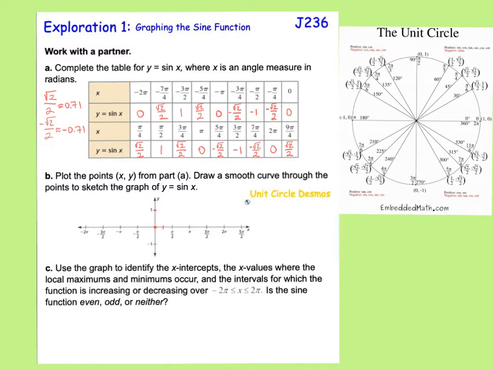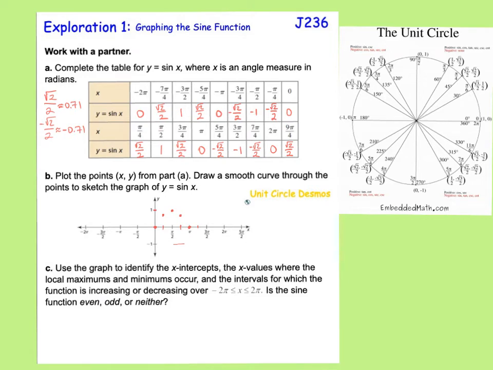So 0.71 would be approximately here. At pi over 2, we have 1. Then again halfway, which is 3 pi over 4, is going to be about 0.71. Then at pi we have 0. Then at halfway again we have negative 0.71.